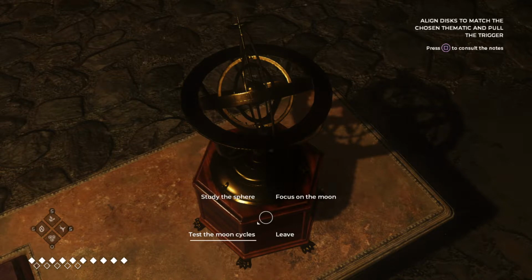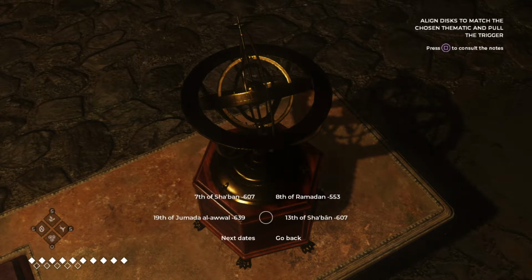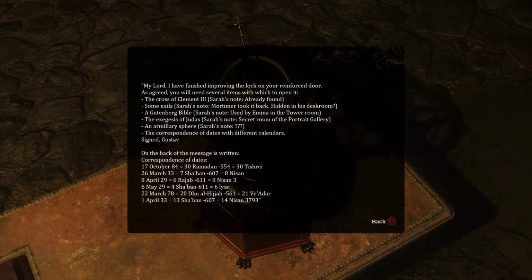To be honest, I'm kind of totally lost here. It's going to get to a point, I think, where I might actually just have to purely take a guess, which seems ridiculous. Shaban, what the hell does Shaban represent, though?